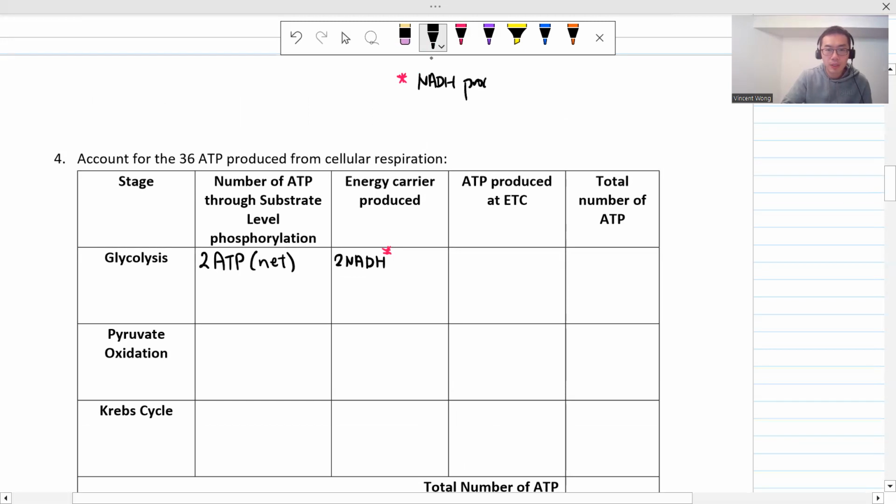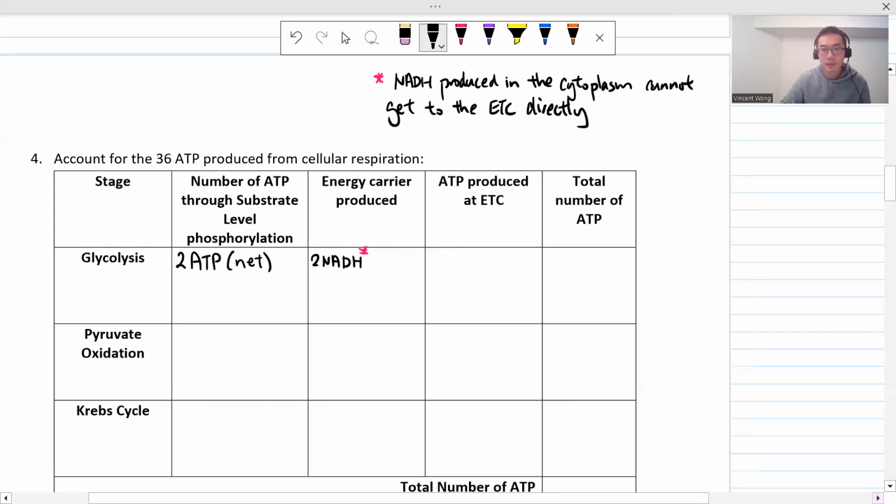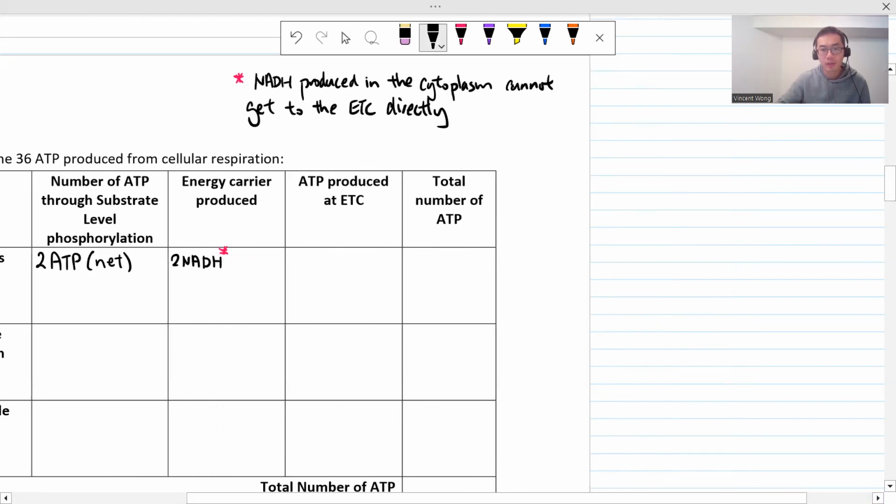NADH produced in the cytoplasm cannot get to the ETC directly. Okay. And I can draw a quick picture here for you. This is the outer membrane. This is the cristae. This is the matrix.